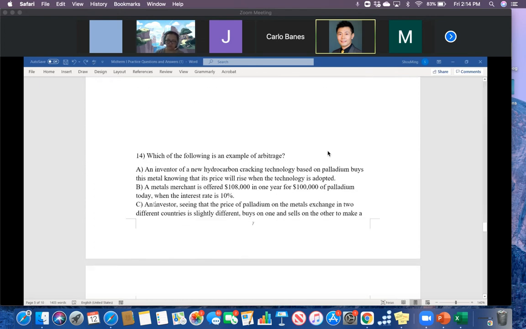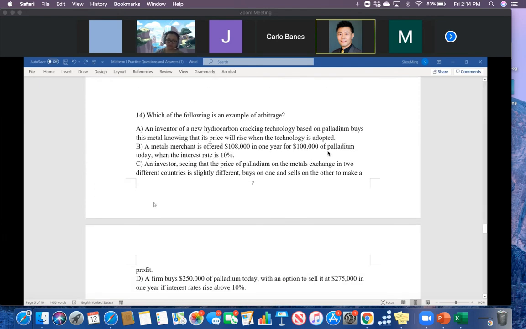So this question 13. Question 14 is very simple. It's simply a definition check. What is arbitrage? Arbitrage is simply when you observe the price difference for identical goods or services, or very similar goods, if they have different prices, then you can do the arbitrage.